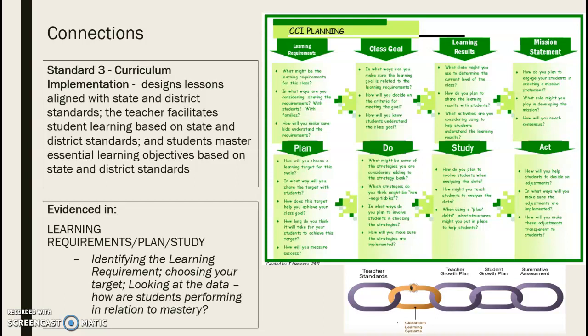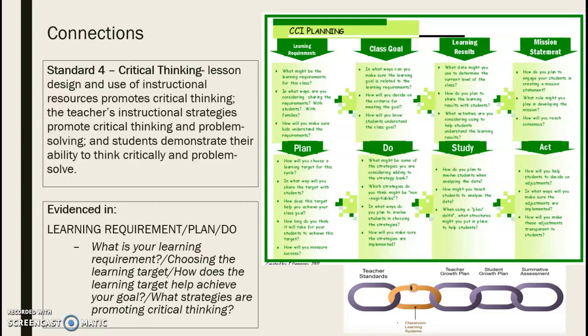During the plan, choosing that learning target for that particular learning cycle, which should lead up to your critical learning requirement. And then during study, you're looking at your student data and you're thinking about how did students do with this lesson? Where are they in gaining mastery of this content? What more might we need to do, or are we ready to move on?